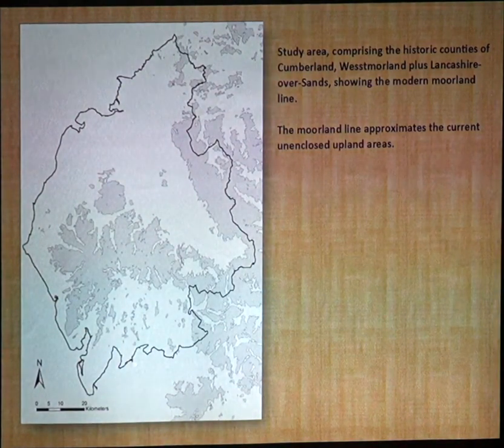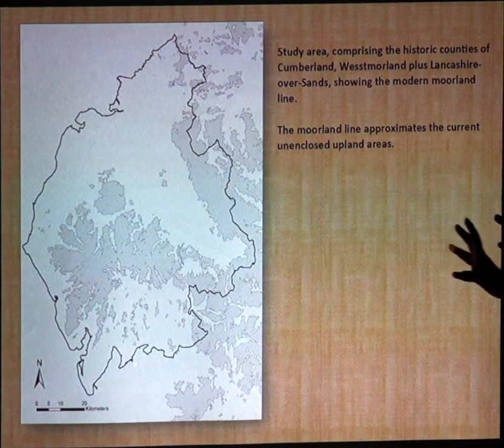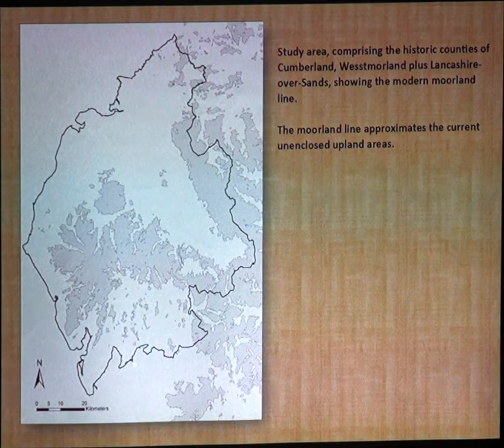So, right, how do I go about picking apart the landscape to understand why our landscape looks the way it does today? We still have quite a lot of unenclosed land. So, obviously the big blob in the middle there, I've used the moorland line here to give a rough idea of the areas that are unenclosed.